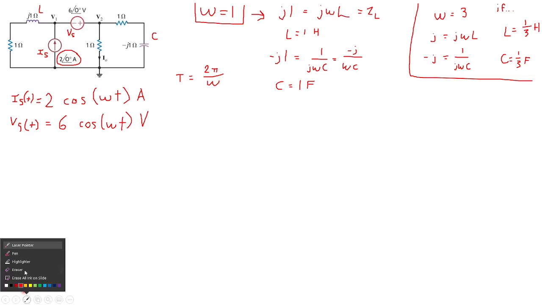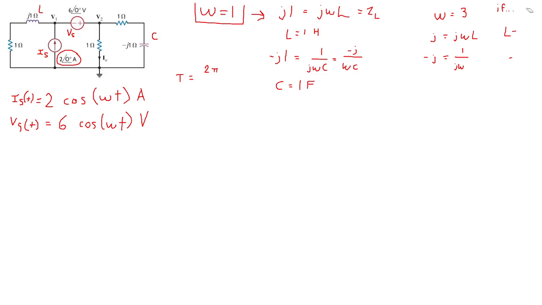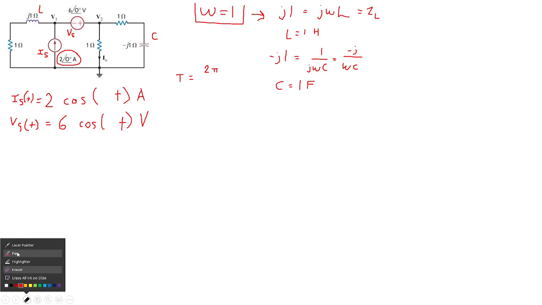We're just going to let omega be 1, just to make the problem so that we can tie it into a more realistic discussion. So the period is just 2 pi. In that case, the capacitance would have to be 1 farad and the inductance 1 Henry.